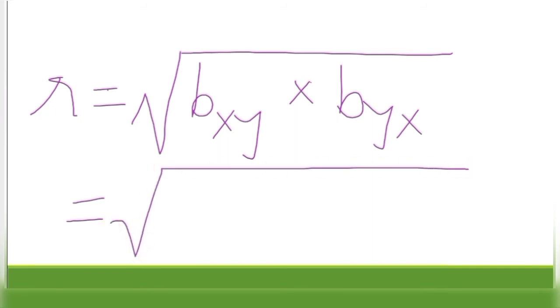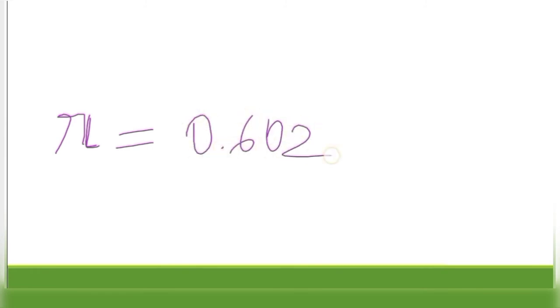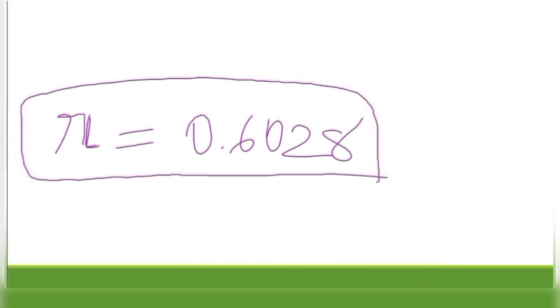So bxy is 0.5048, will be 0.5048 into byx is 0.72. On solving this, we get r is equal to 0.6028. So the coefficient of correlation is 0.6028.